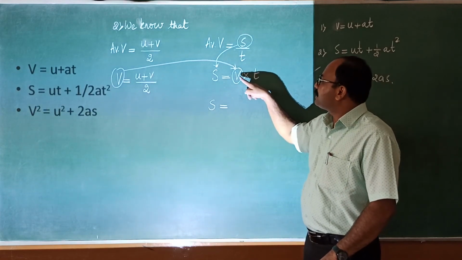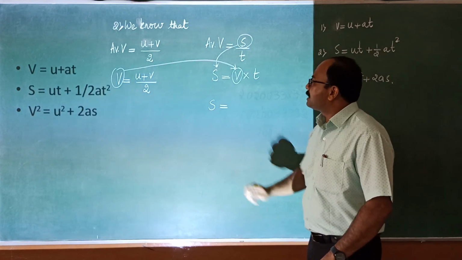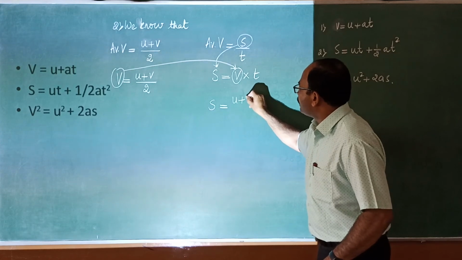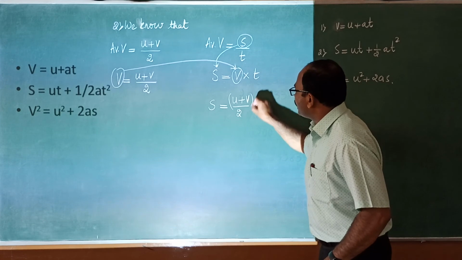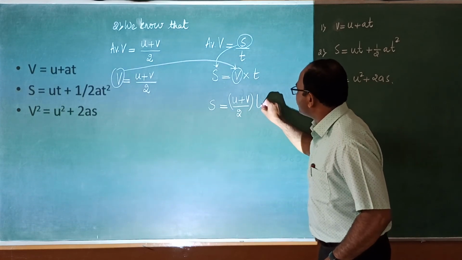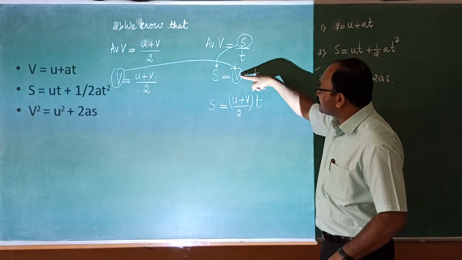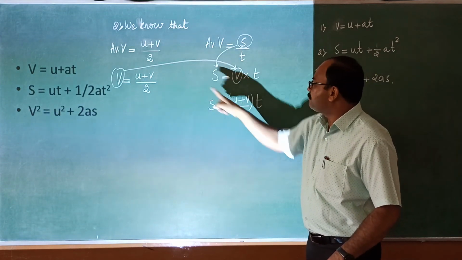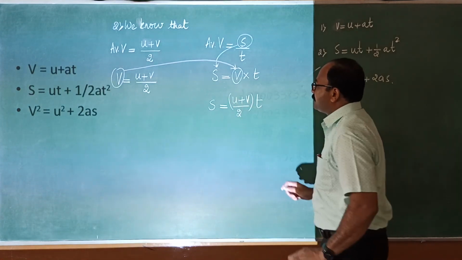After that, for this v, I take the equation from there, children. That v is nothing but u plus v by 2, into this t, children. I hope you have understood. For this v, I have substituted: v is nothing but u plus v by 2. So, this is v into t.